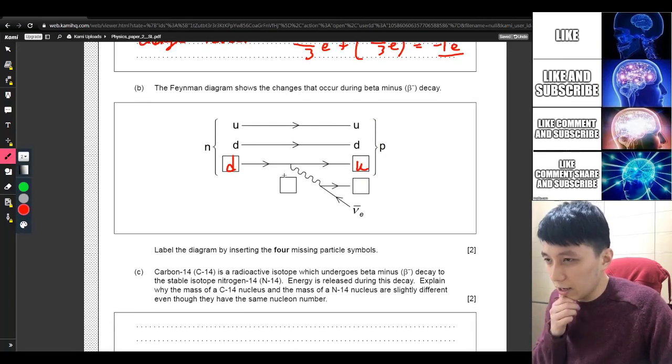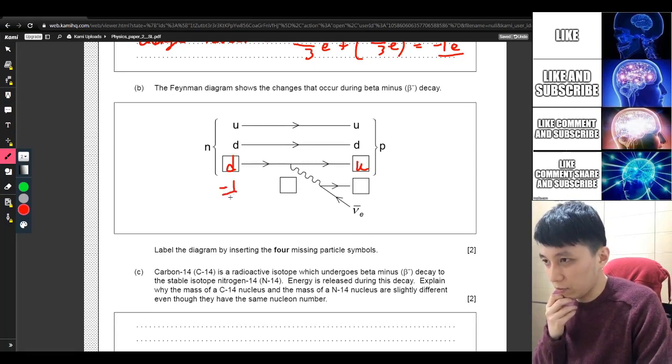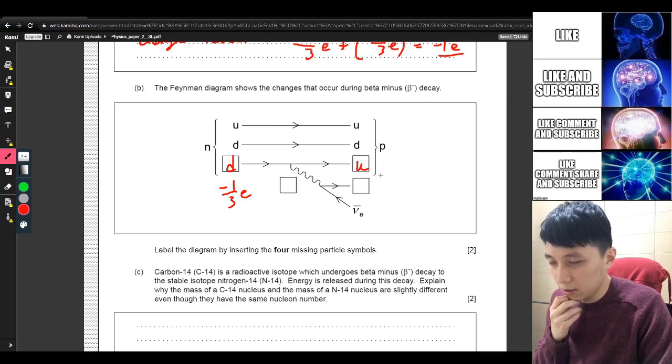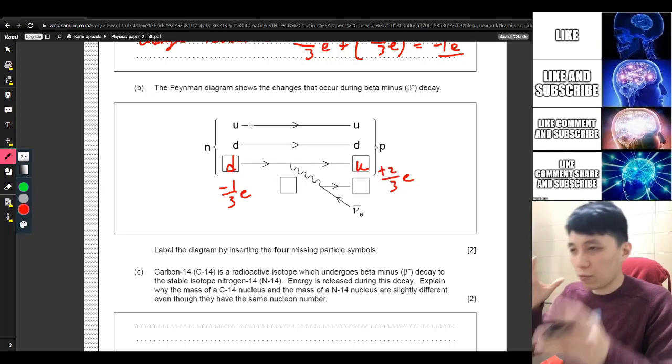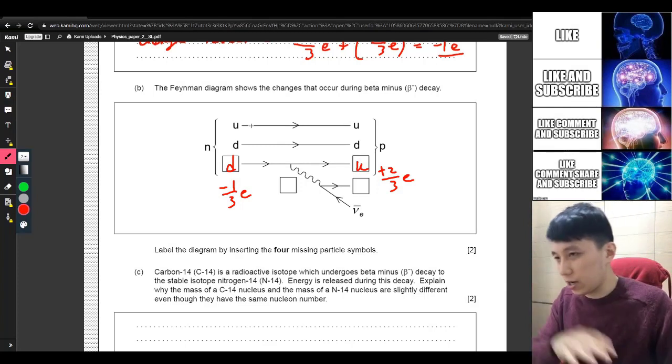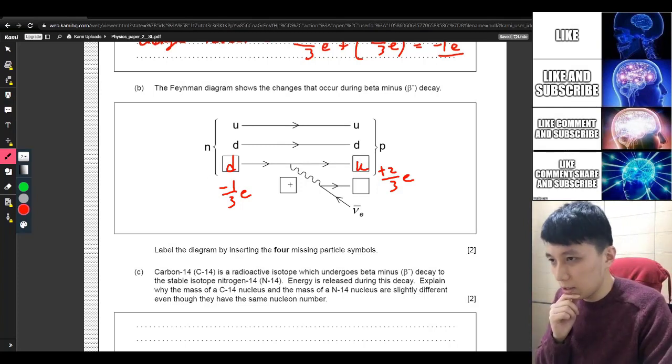And then here you will have to determine, sorry, I have to write again. So down is negative 1 over 3 e. This is positive 2 over 3 e. And so you have to think about when you look at the Feynman diagram from left to right, this is the direction you should read. And then this becomes positive. That means it should emit something that is negative, right?